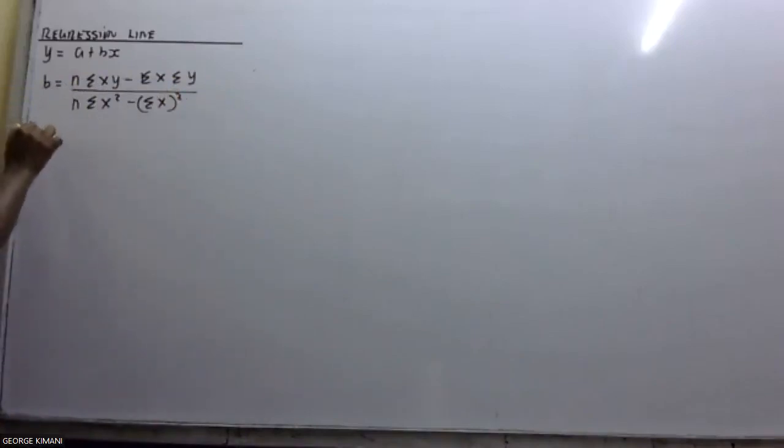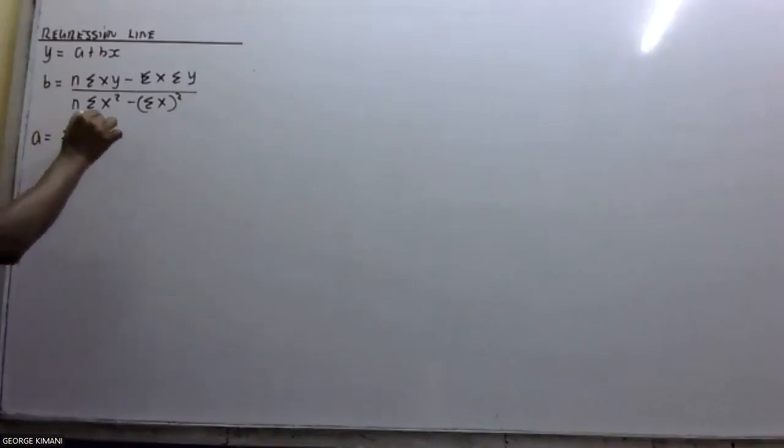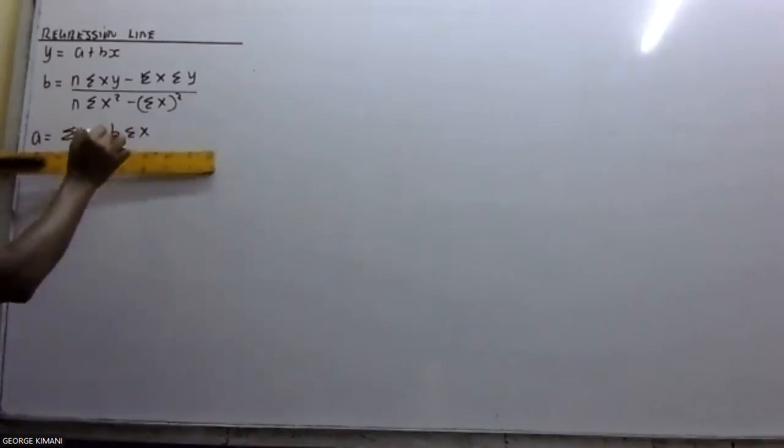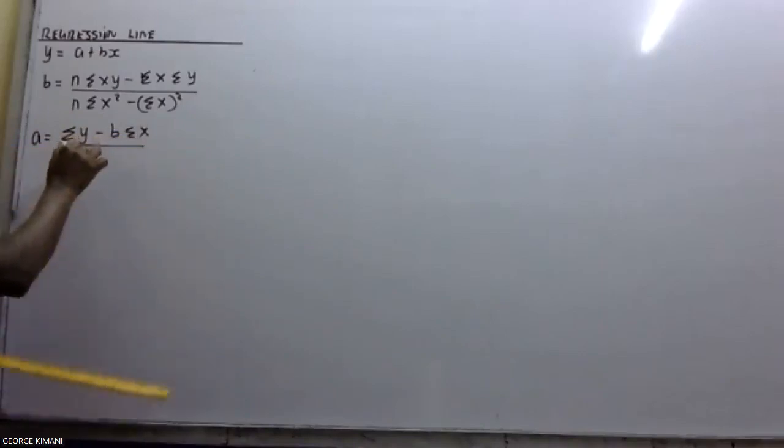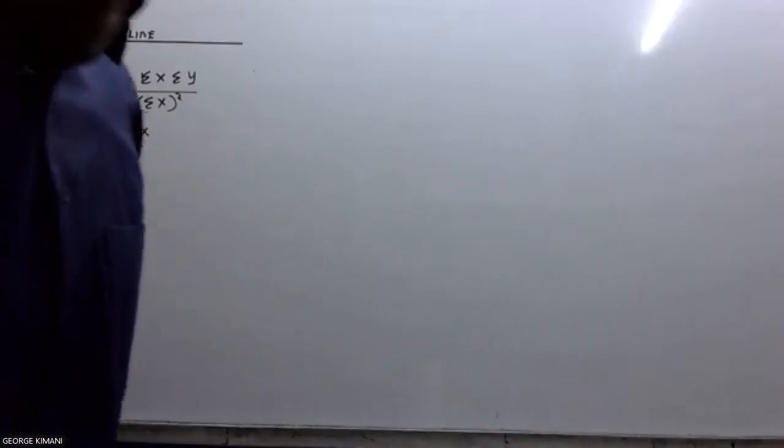A is given as sum of y minus b sum of x, divided by n. That is how we shall get the regression line.